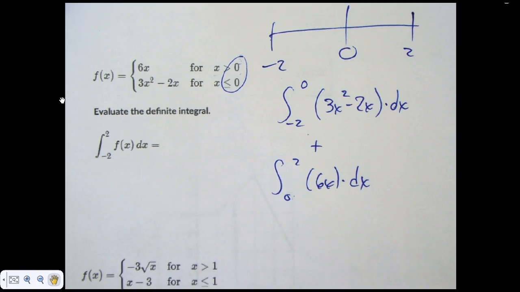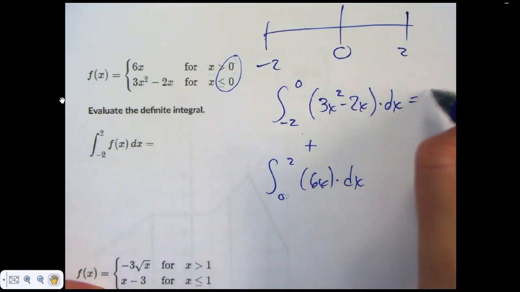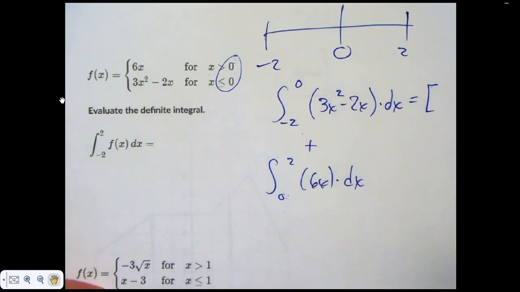And then you would just integrate both those, plug everything in, add those two numbers together. Is it okay if I stop there and say you can do that on your own? Or should we do that? Let's do it. All right. What do I get if I integrate 3x squared minus 2x? X cubed minus x squared from negative 2 to 0.